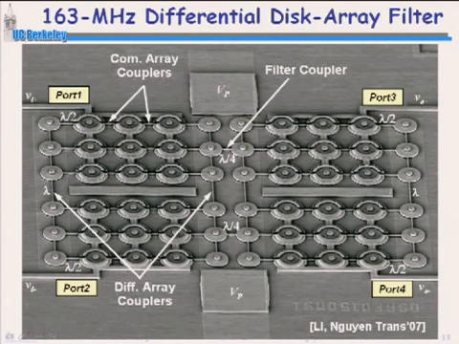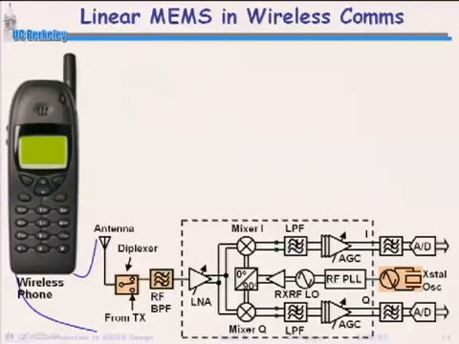So in wireless communications, you usually have some very complicated circuit that implements your phone function. Okay, so you see your antenna receives the signal. You go into maybe a diplexer, which is a switch that switches you from receive to transmit. We're just looking at the receive path right here. The first thing in the receive path you can see is a filter.